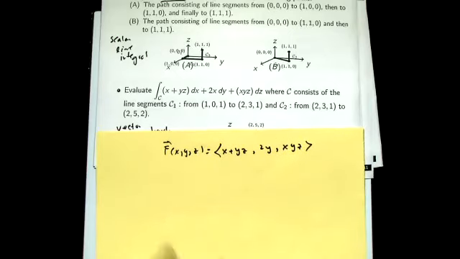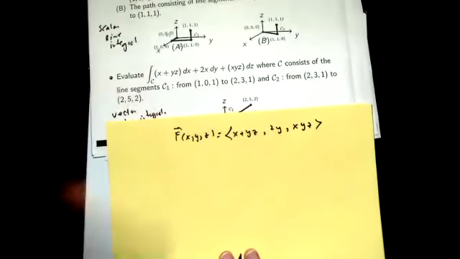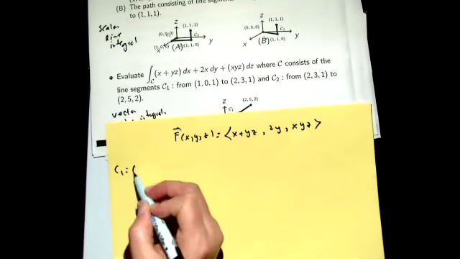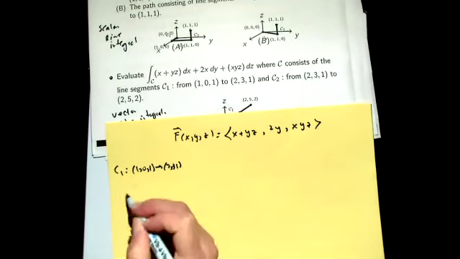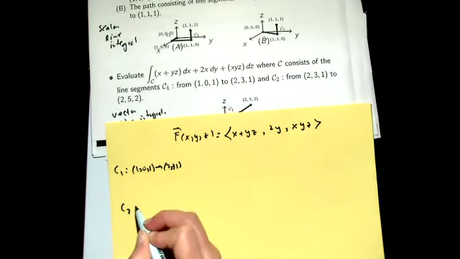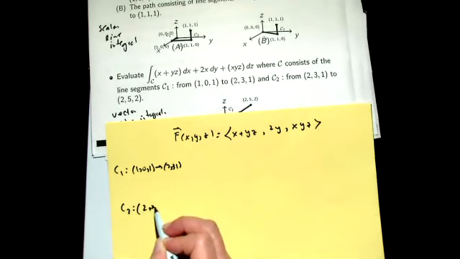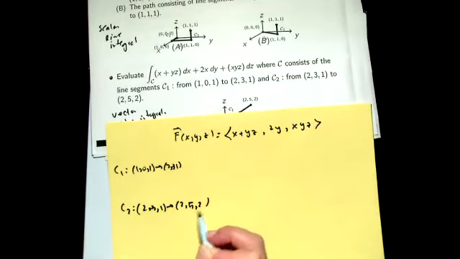Then there are two pieces. Let me see if I can write this cleaner than the last time. So there is a C1 that goes from 101 to 231, and there is a C2 that goes from 231 to 252.